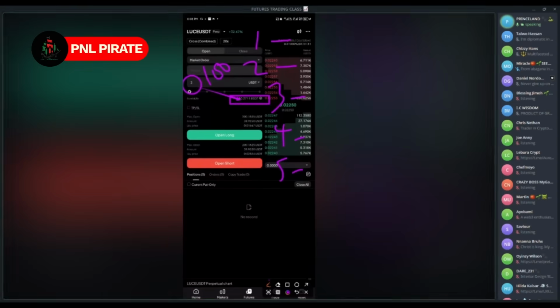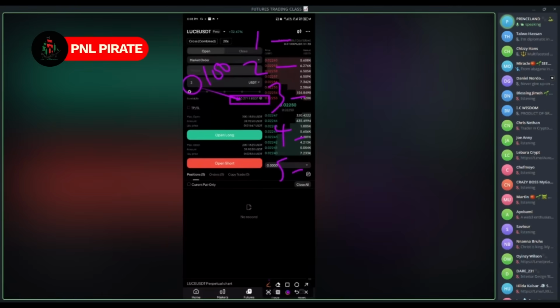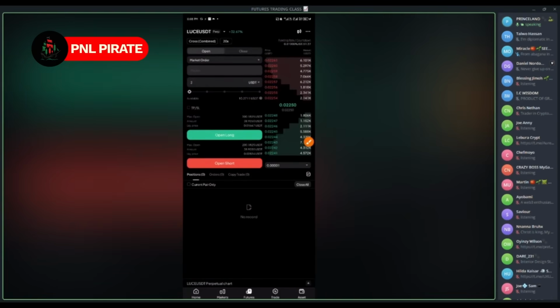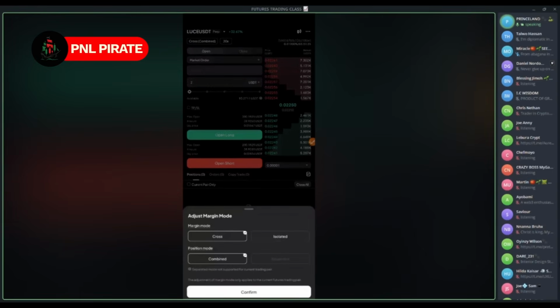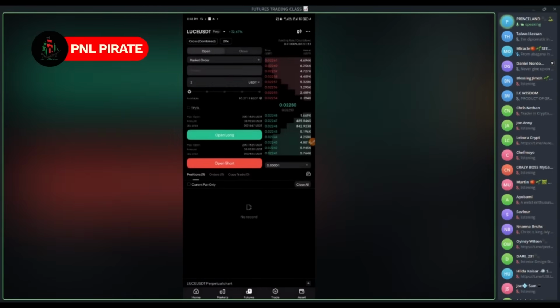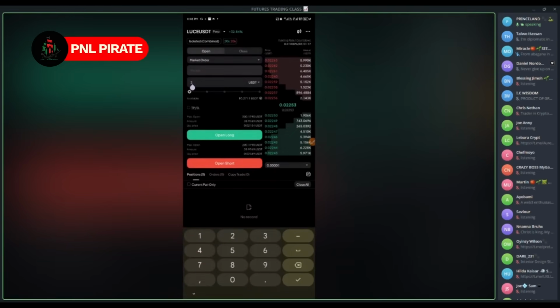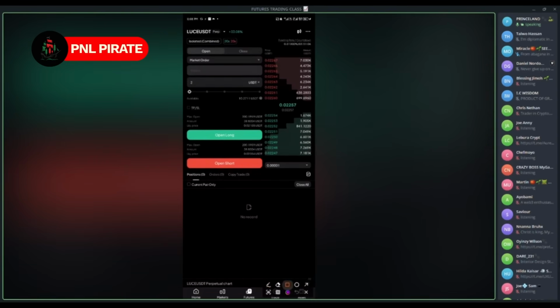But if I am using isolated and I change to isolated margin, see now, I change to isolated, and I put $2 here. When this project goes against me by 100%, like this, here is $2. My balance is $10.